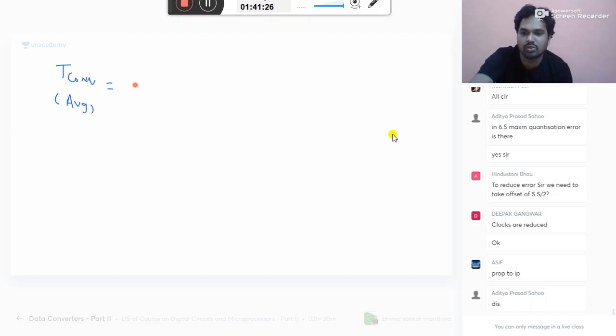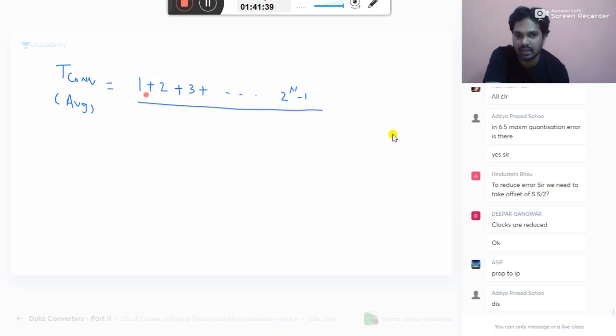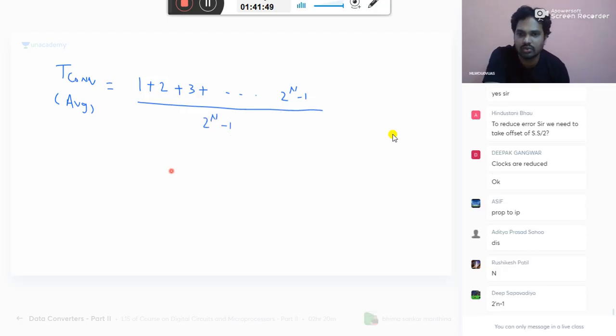Suppose your input is very small, it may require 1 clock only. Little more, it may require 2 clocks. Little more, 3, like that, up to a maximum of 2 power n minus 1. The average is the total of the different possibilities divided by the total number of samples. How many samples are there here?